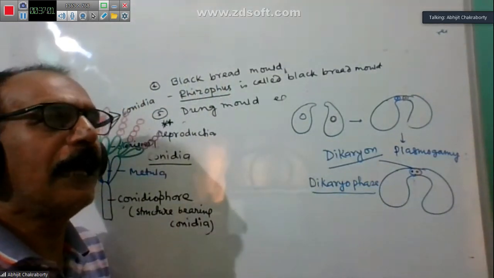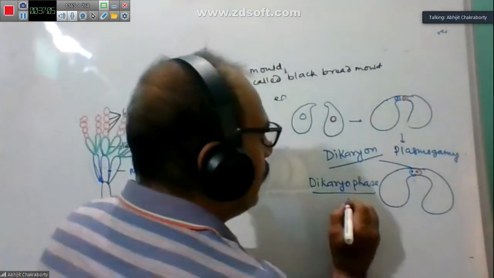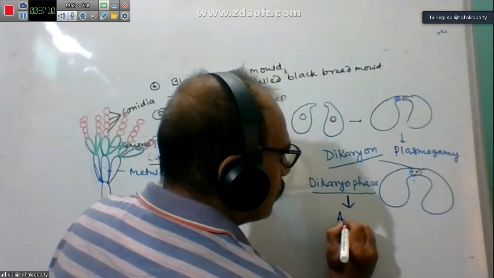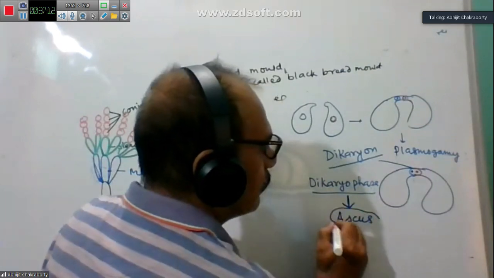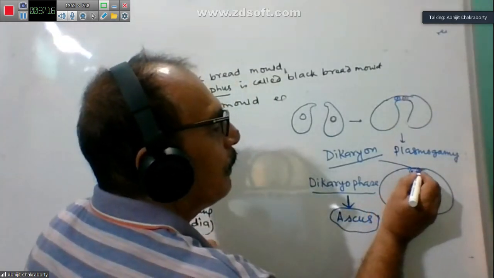And this dikaryotic mycelium, eventually with these two nuclei, gives rise to ascus structure, ascus. Actually, the whole structure will behave like ascus.